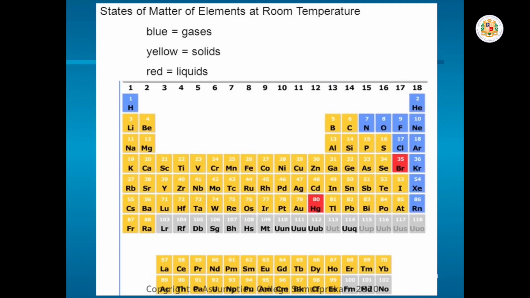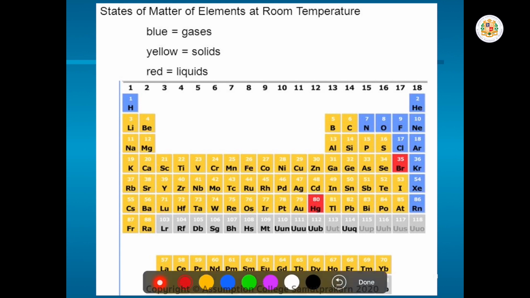So aside from letting us identify which elements are metals, non-metals, and metalloids, another information we could get from the periodic table is the state of the elements. So this time, as you can see, the elements are colored according to their states. So what do we mean by states? It could be solid, liquid, or gas.